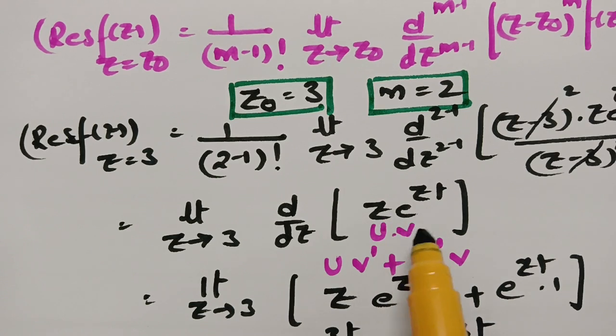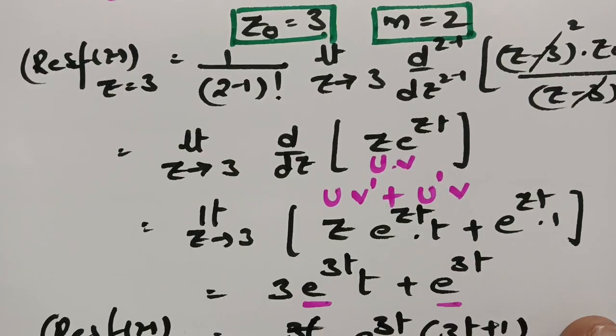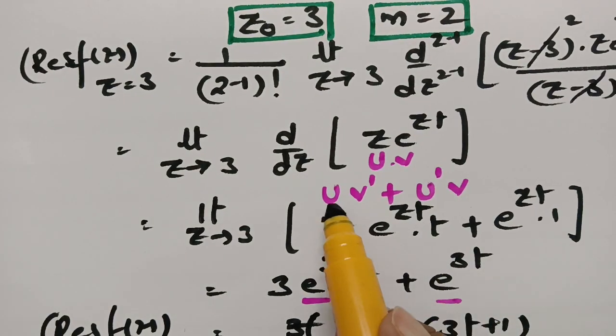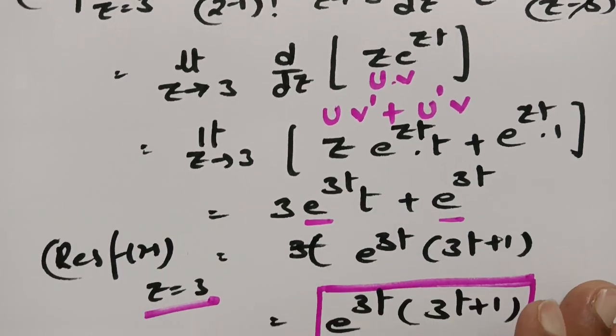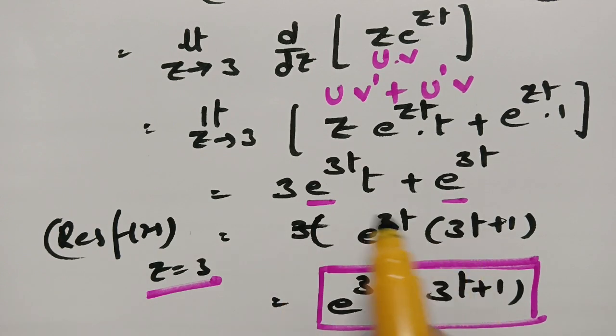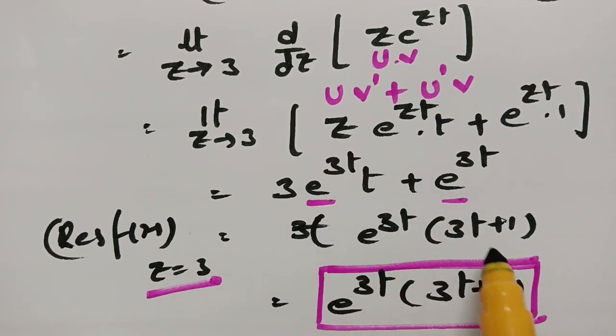So this is the residue value at the corresponding pole z = 3.